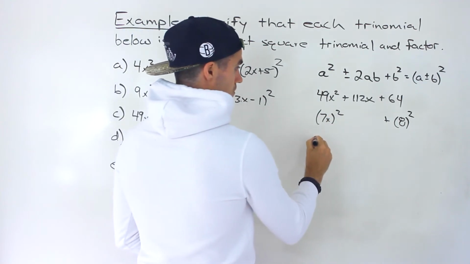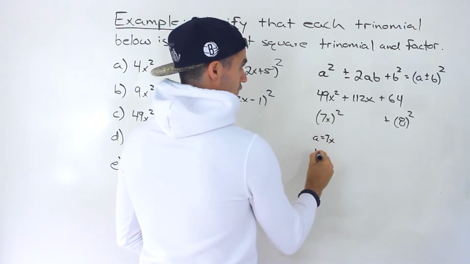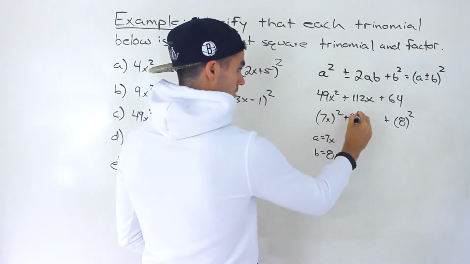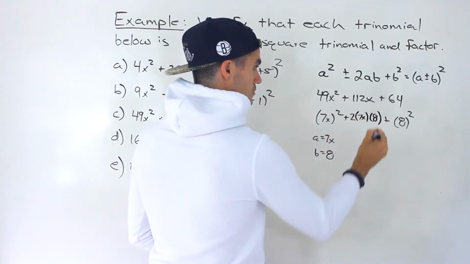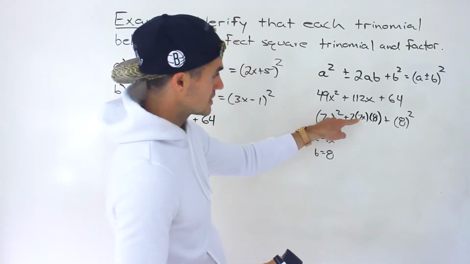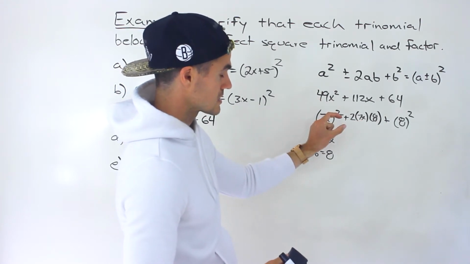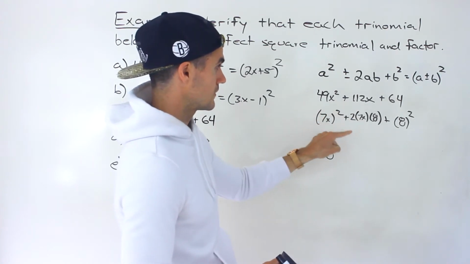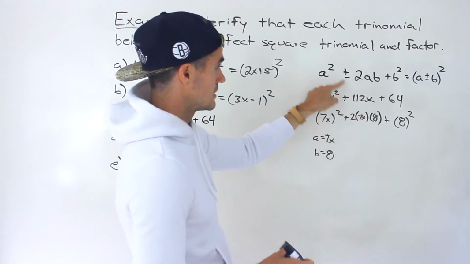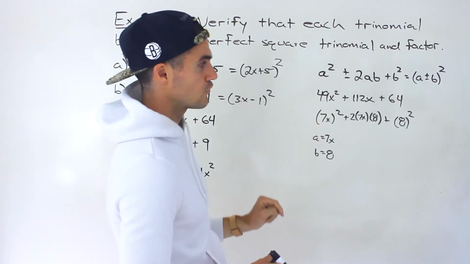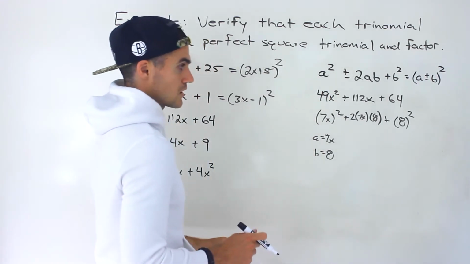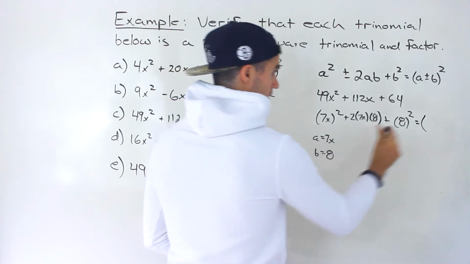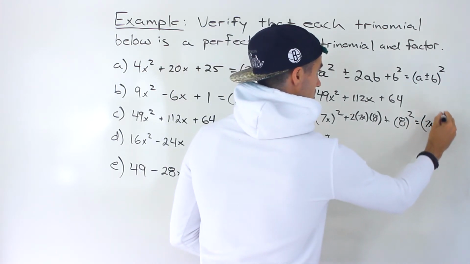So notice the a value, 7x, the b value is 8, and because we're working with positive, plus 2ab, so plus 2 times the a value times the b value, and then notice 2 times 7x gives us 14x, times 8 gives us 112x. Okay, so this is in that format. We're able to rewrite in that format, which shows we're dealing with a perfect square trinomial. Because it's a positive, we're dealing with the a plus b squared case, 7x plus 8 squared case, like that.